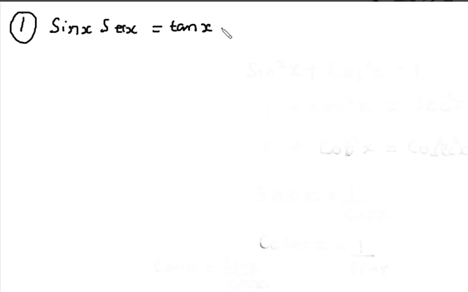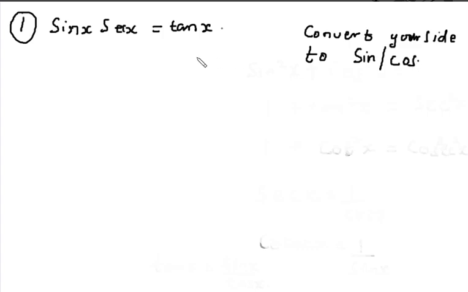The first step when trying to verify trigonometric identities is to convert your side to sine or cos. Because I'm picking this side, I'm going to try and convert all the trigonometric terms into sine and cos.